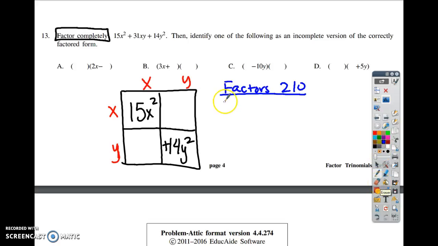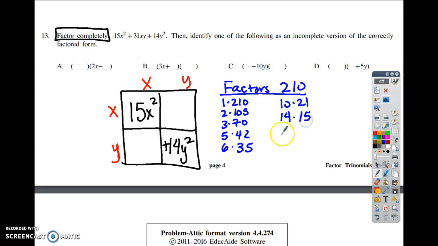We have 1 and 210. We have 2 times 105. We have 3 times 70. We have 5 times 42. We have 6 times 35. We have 10 times 21. And we have 14 times 15. 7 times 30.